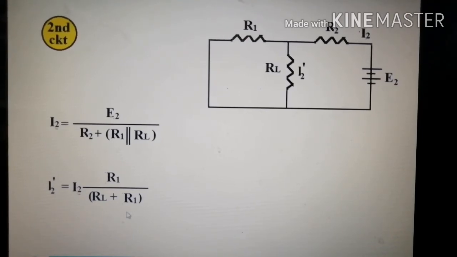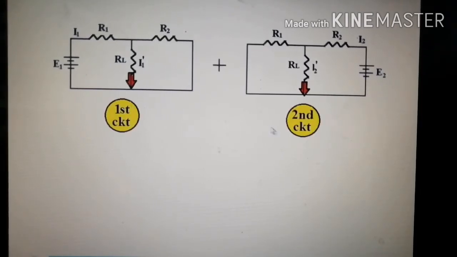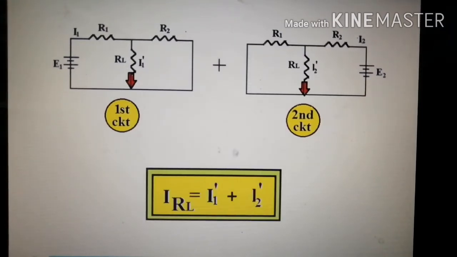Now see both circuits at a time. This one is the first circuit, this one is the second circuit. Here E1 is the source, here E2 is the source. Here the current passing through the load resistor is I1 dash. Here the current passing through the load resistor is I2 dash. Now I am going to calculate the total current passing through RL, which is nothing but I1 dash plus I2 dash.